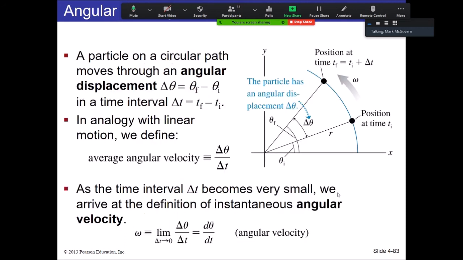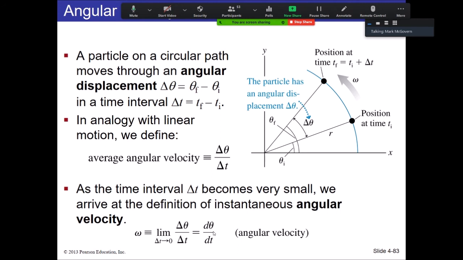All right, so now we're going to develop all the other ideas based on this. Now we've identified what our equivalent of position is, and so now we can apply all the other ideas we have. If angle is position, then a delta theta represents an angular displacement. And then once we have our concept of displacement, we can turn that into the concept of angular speed or angular velocity. So the definition of angular velocity is the ratio of delta theta to delta t. And of course, the same thing applies if we take the limit as delta t approaches 0.